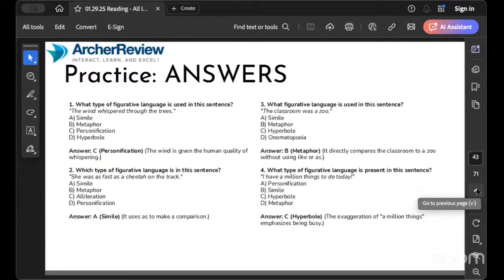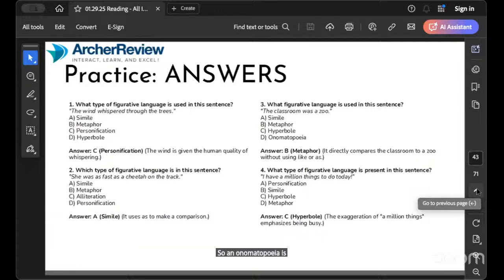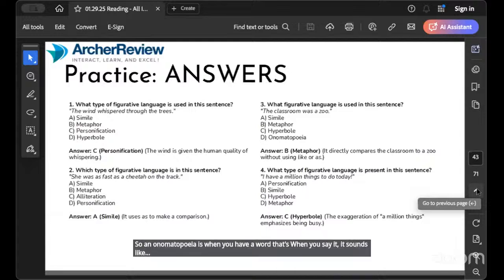Oh, somebody asked me, what is onomatopoeia? Onomatopoeia. Ooh. So that is where you have a word that, how do I best describe it? An onomatopoeia is when you have a word that, when you say it, it sounds like what it is.